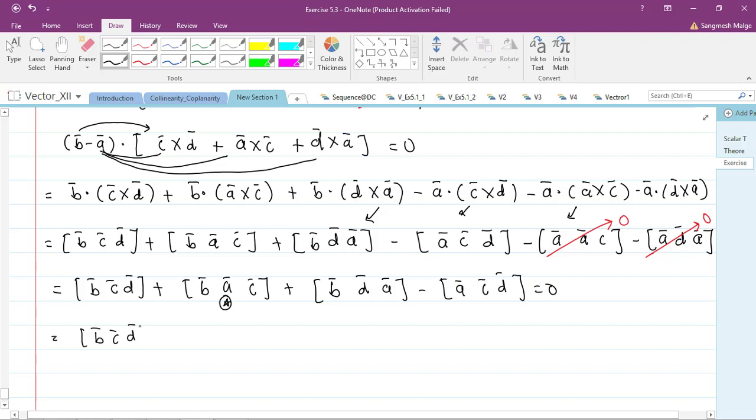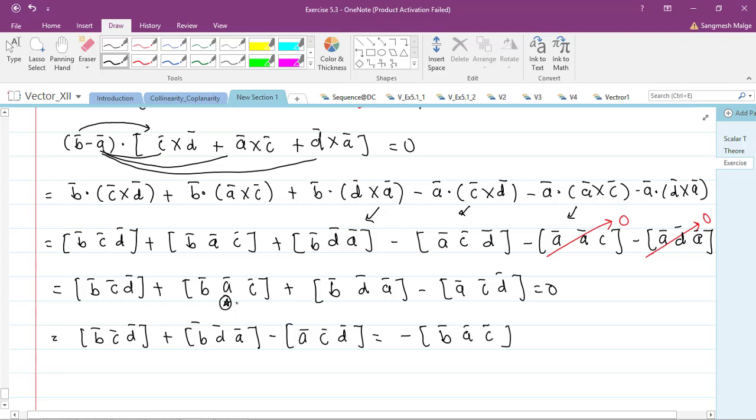BCD plus BDA, and let's keep this minus, we will have one more step here: minus of ACD is equal to minus of BAC.